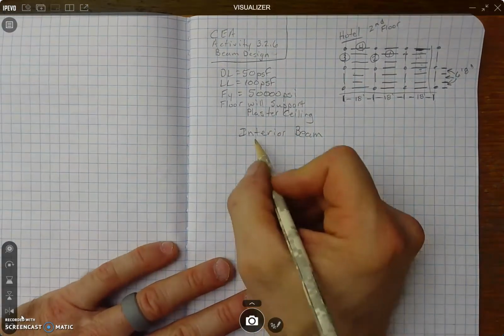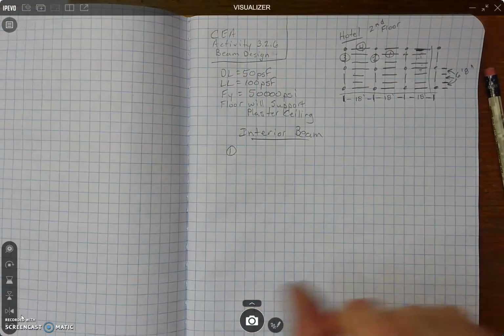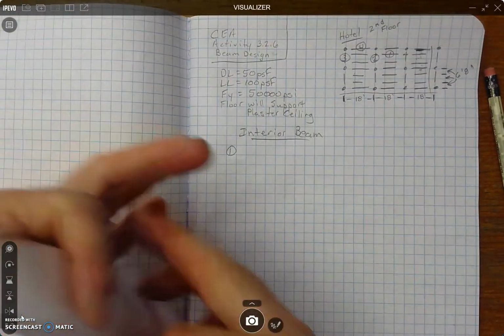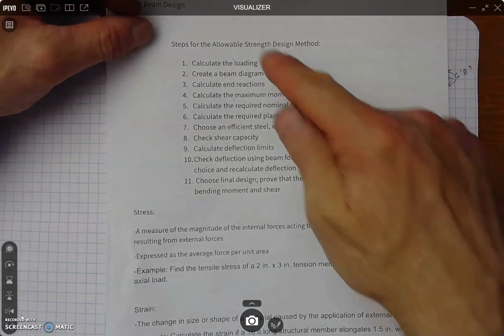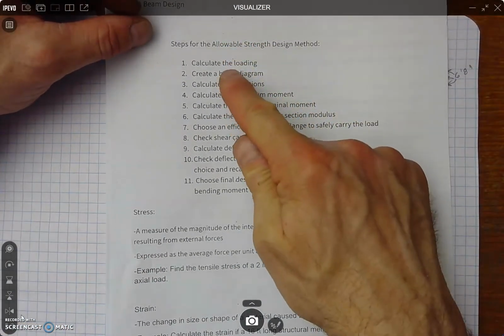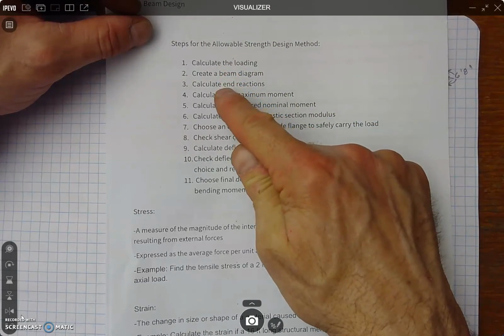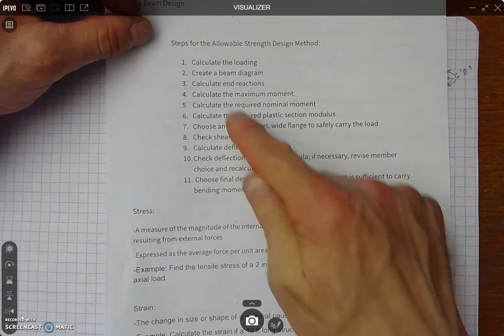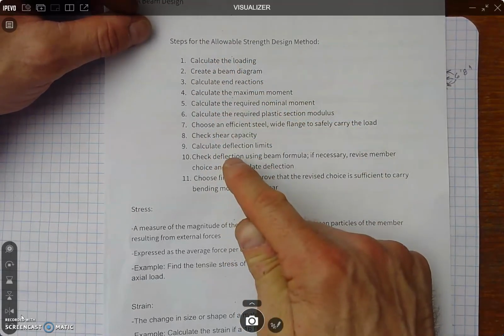The first thing I need to show you is the packet I handed you. This is the list of things we do: we calculate the loading, then we create a beam diagram, then we calculate the end reactions, and so forth. We're going to walk down this list, and I'm going to number them according to this list.